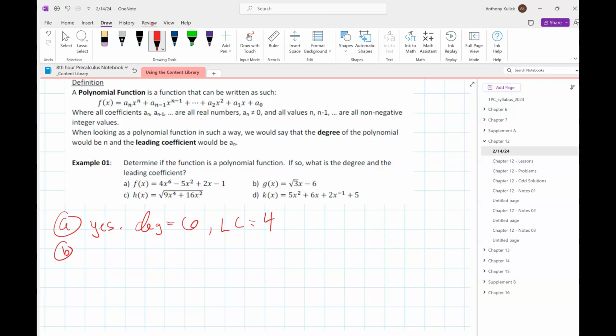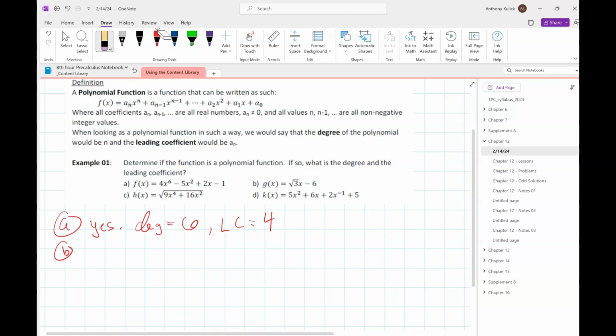B, is that a polynomial? Square root 3 times x minus 6. Why do you say no? Well, so what? Square root 3 is a real number, isn't it? Yeah, this is a polynomial. Now, if that square root bar extended over the x, then it wouldn't be a polynomial, because now you're taking the square root of a variable.